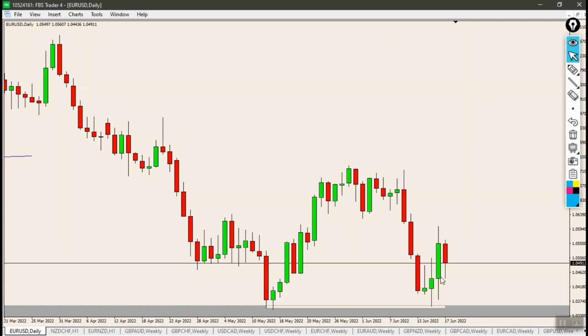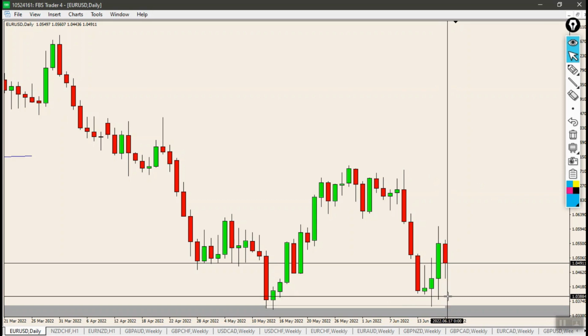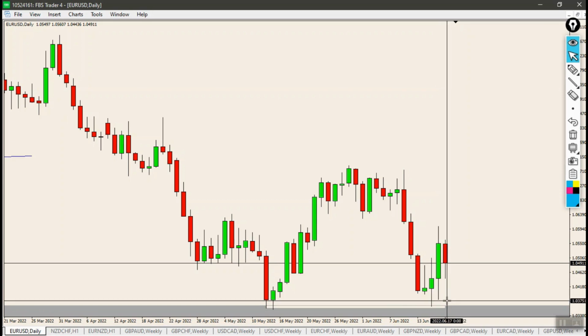This is something that I do a lot myself. So when the market moves impulsively like this, after a reversal pattern or during a continuation pattern of sorts, what I do is I take 50% of the structure.